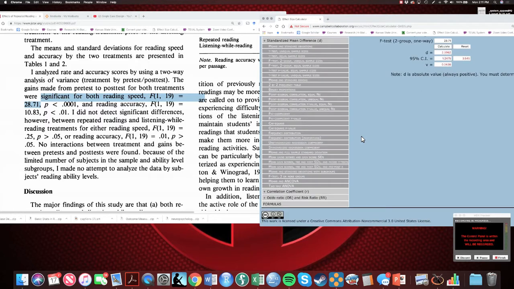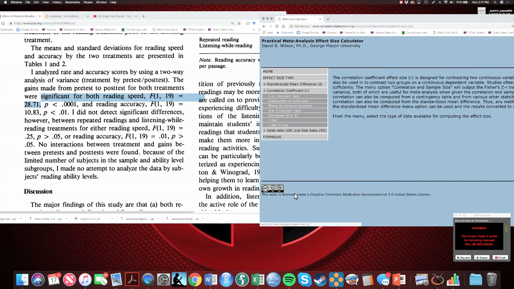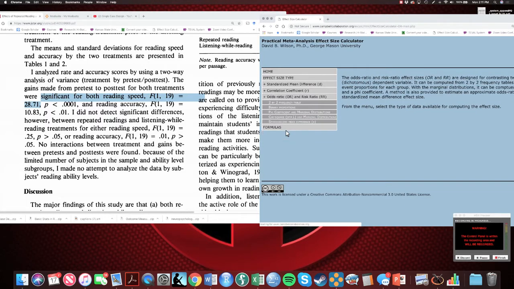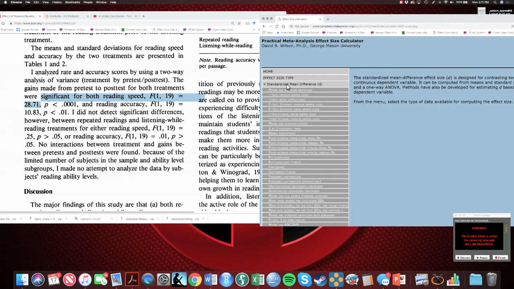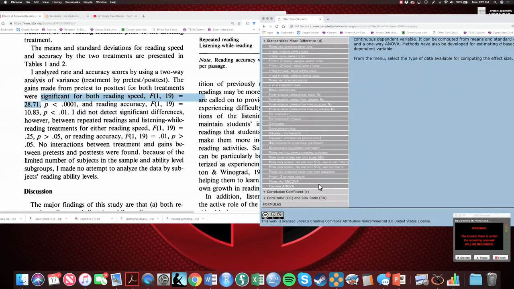But I'm not sure that we did it. We can also get the correlation coefficient off of different things. We can get the odds ratio off of these different things. If we can find the information, and sometimes that's the really hard part, we can find one of these tests based on what they do. In standard practice, we would want to use the means and standard deviations from the post-test.